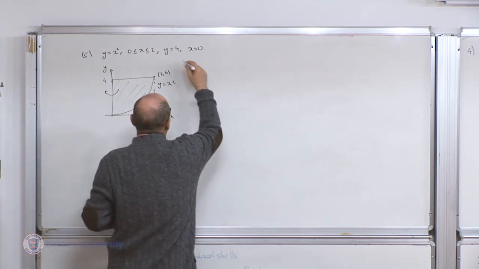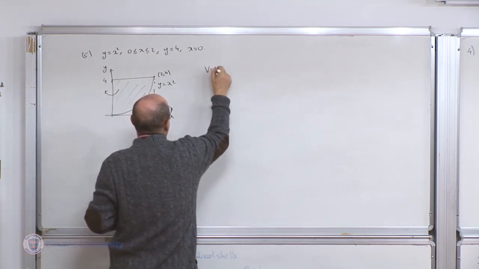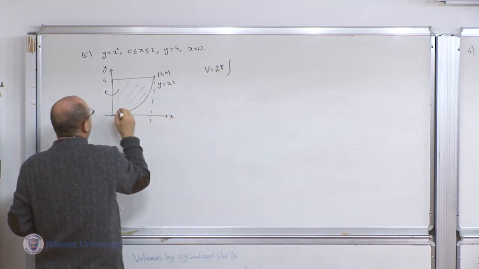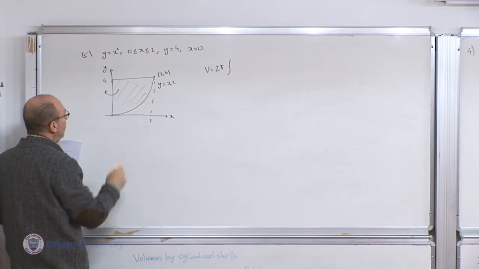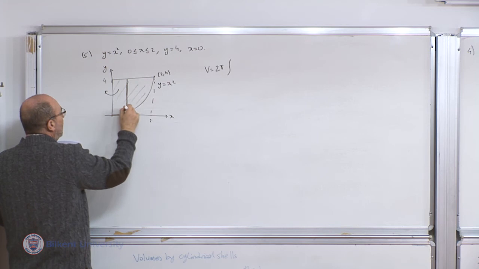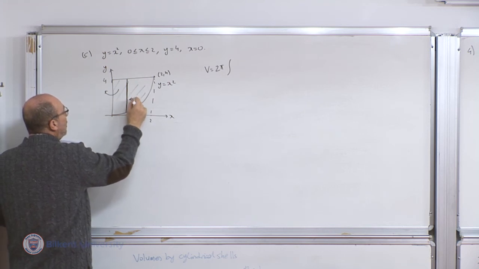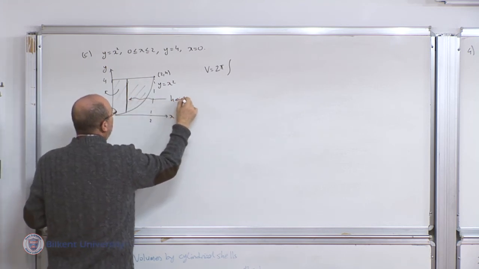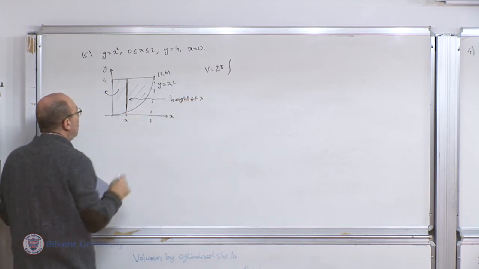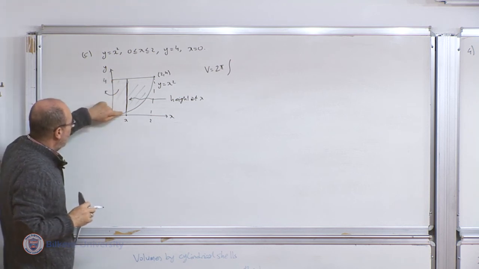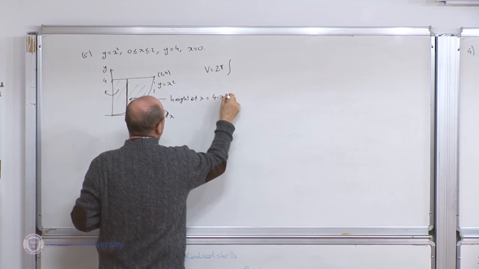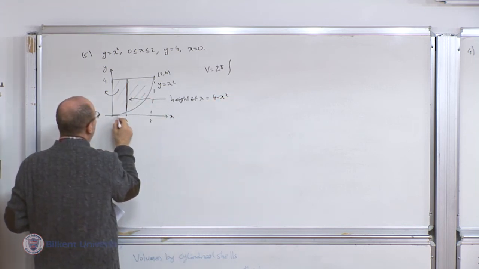But using cylindrical shells, we have volume equals 2 pi. I'm integrating a shell. So the height at x is 4 minus x squared, and the radius is x.